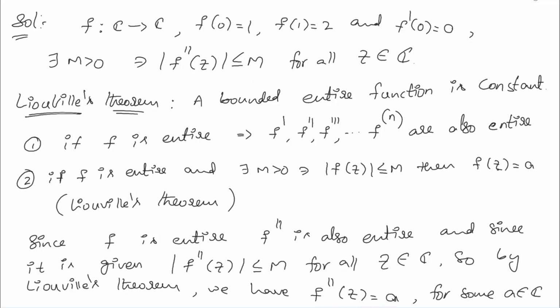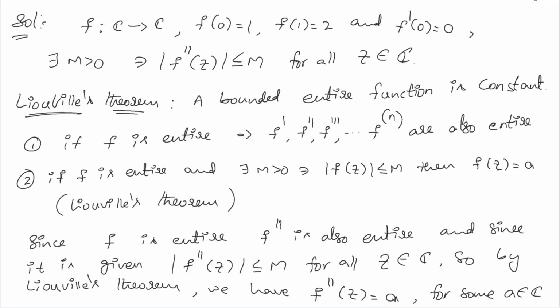If suppose it is given that f of z is bounded, then we can directly say f of z is equal to a. But since here it is given f double dash is bounded and it is given that f is entire, we can say f double dash is also entire and hence it is bounded.